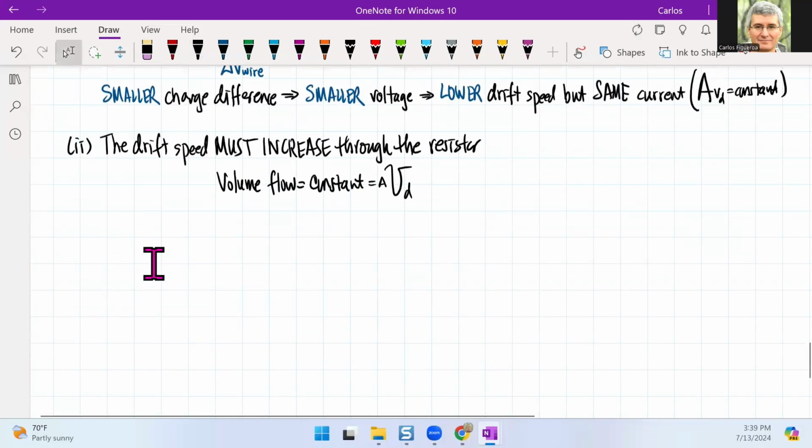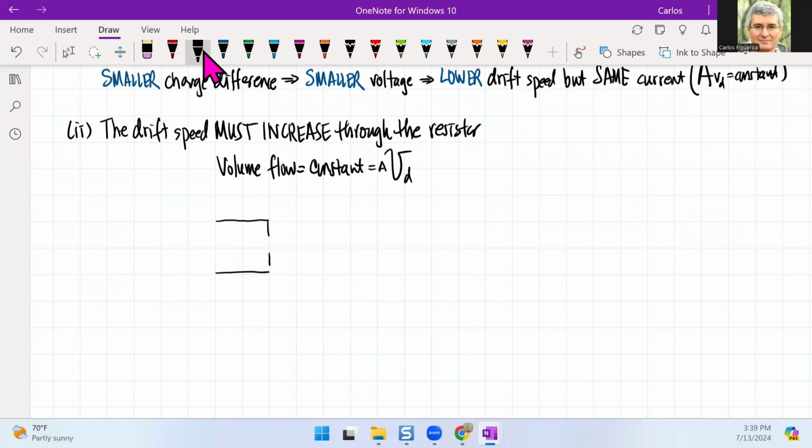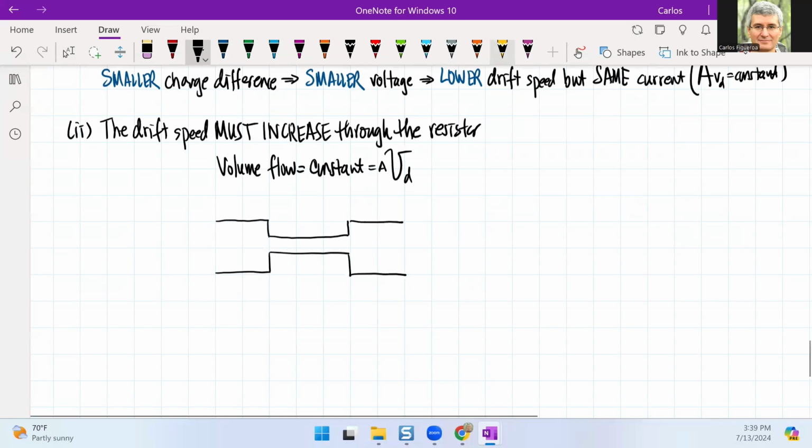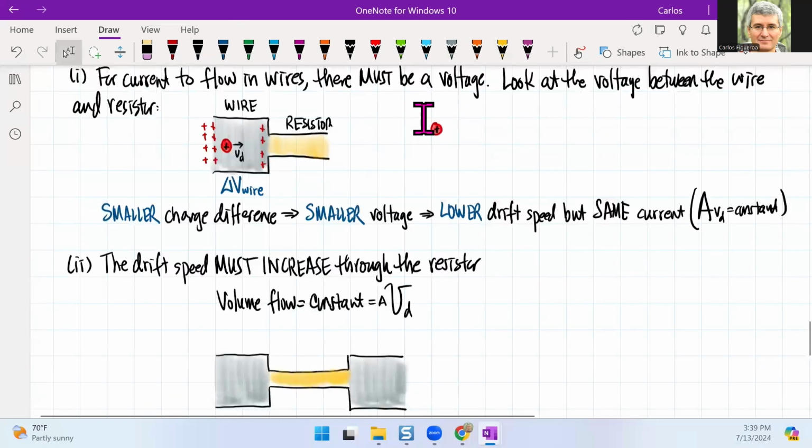So now let's draw that picture. What I'm seeing is that I have my resistor that's going to look like this. So I have my wires. And now I have my little charge.